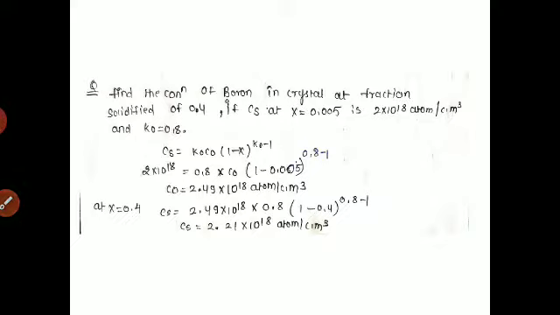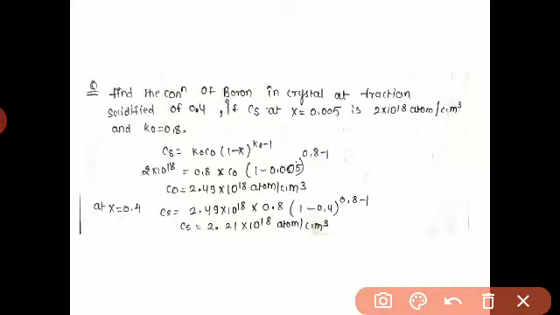Find the concentration of boron in the crystal at a fraction solidified of 0.4, if Cs at x = 0.005 is 2 × 10^18 atoms per cm³ and k0 = 0.8. We want to calculate the Cs value at x = 0.4, but we have the Cs value at x = 0.005.